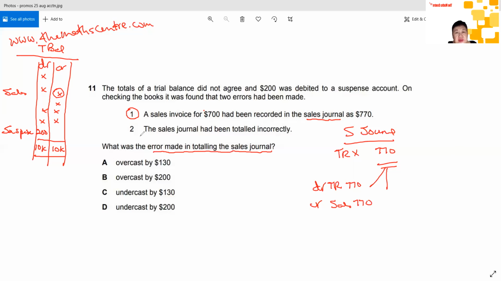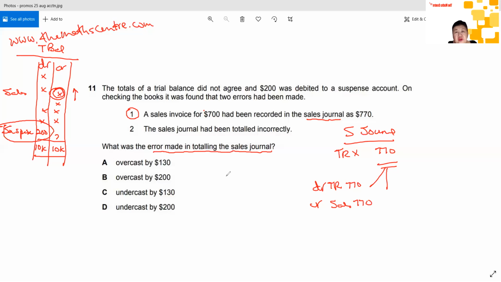Now, this one here: the sales journal has been totaled incorrectly. If the sales journal has been totaled incorrectly, it means this. When your suspense account is debit too much, that means the sales account must have been overstated. As a result, you have to temporarily put in a suspense account of 200.